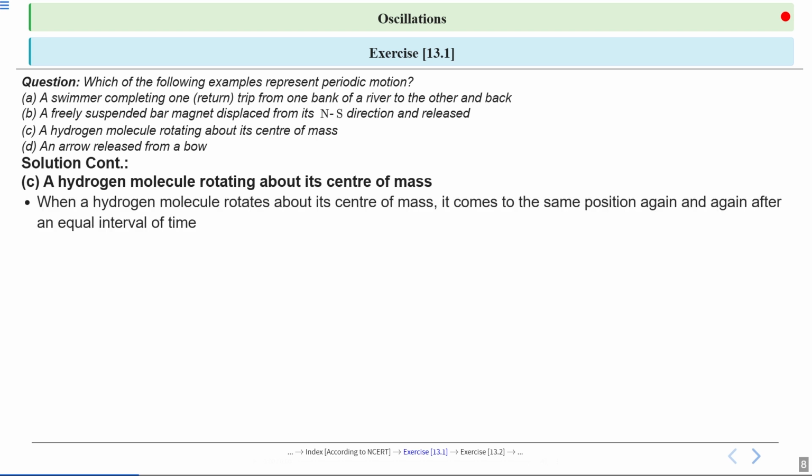When a hydrogen molecule rotates about its center of mass, it comes to the same position again and again after an equal interval of time. This is a key feature of periodic motion. The time it takes to complete one full rotation is called the period, and it's always the same for this motion. Therefore, this motion is periodic.